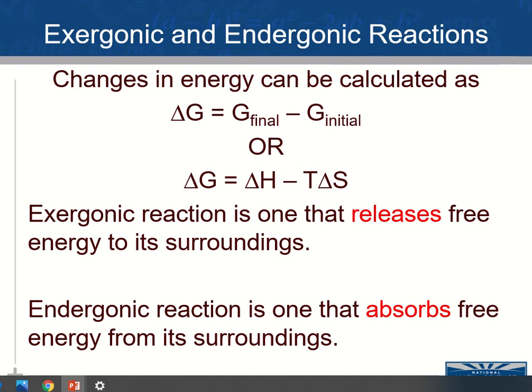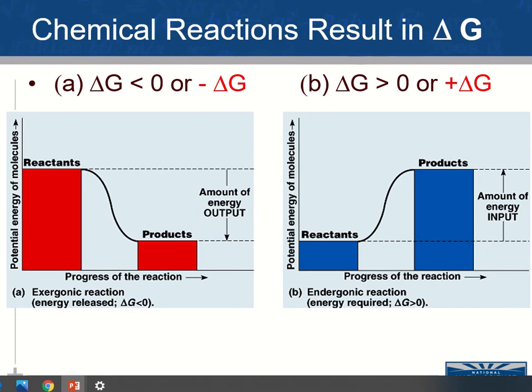An exergonic reaction, remember, is one that releases free energy to its surroundings. And an endergonic reaction is one that absorbs free energy from its surroundings. So let's take a look at this graph of free energy and how it works.